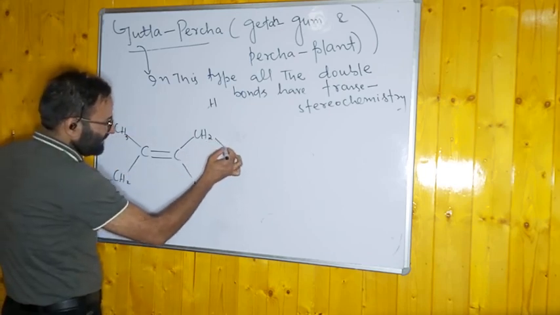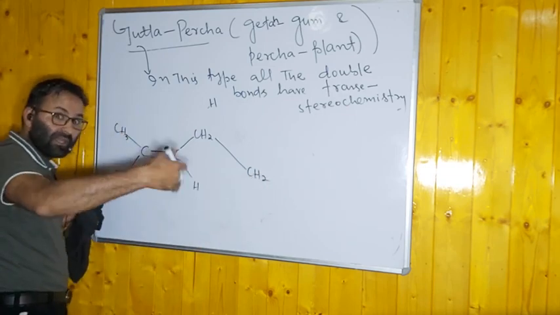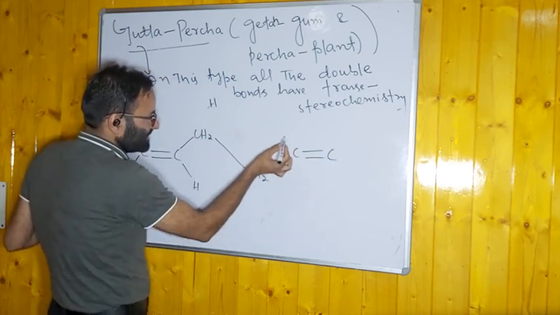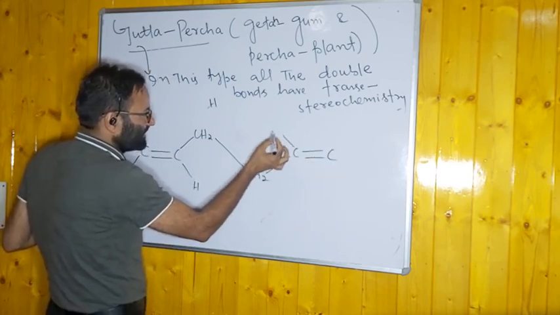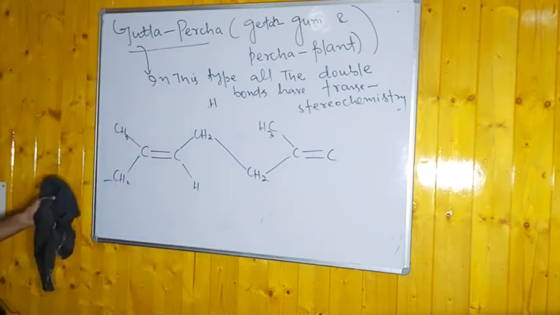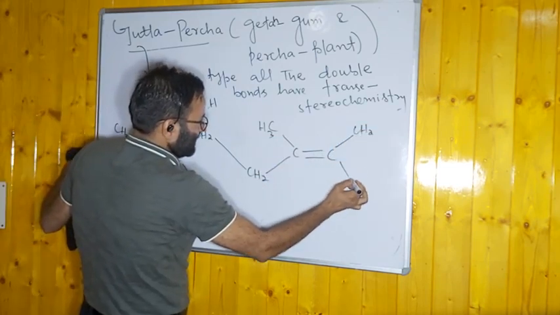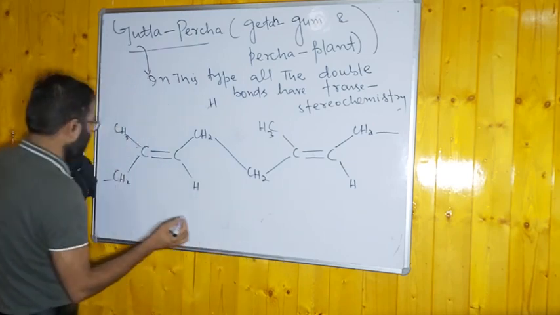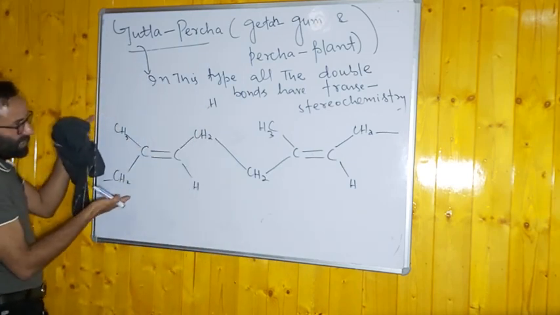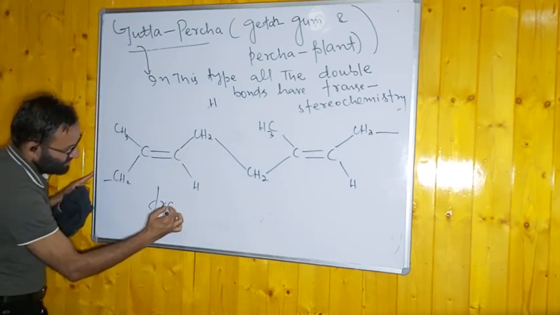It will be linked to another CH2, another repeating unit, and it will be attached to C double bond C, just like the cis form. But the only difference is that here the orientation is trans. Here it will be CH2, here it will be H, it will be linked here. If you consider this double bond, CH2 on the opposite side, it means that it will be trans polyisoprene.